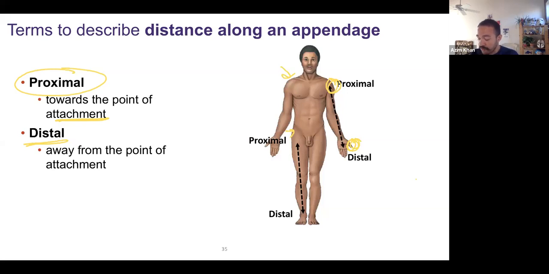For the leg, you could say that the knee is proximal to the ankle. It's closer to the main joint or the hip. Or you could say the ankle is distal to the knee. That's also accurate.